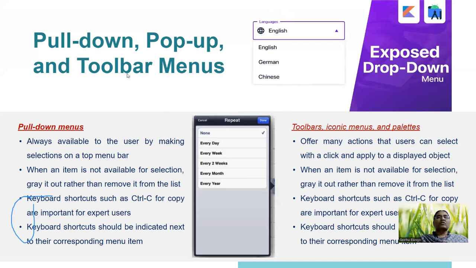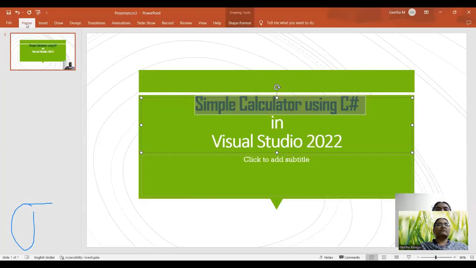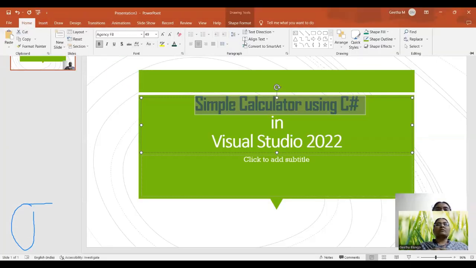The next one is toolbar menus. You have toolbar menus like this, whatever we have discussed here. These are all called toolbar menus. I have one tab, and it consists of toolbars.